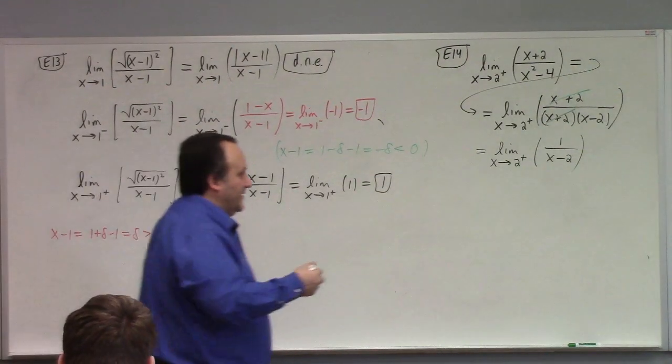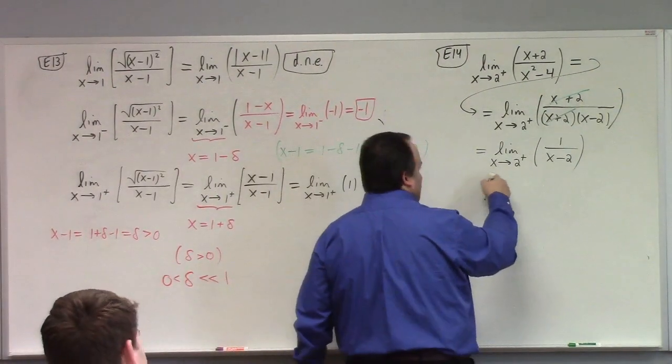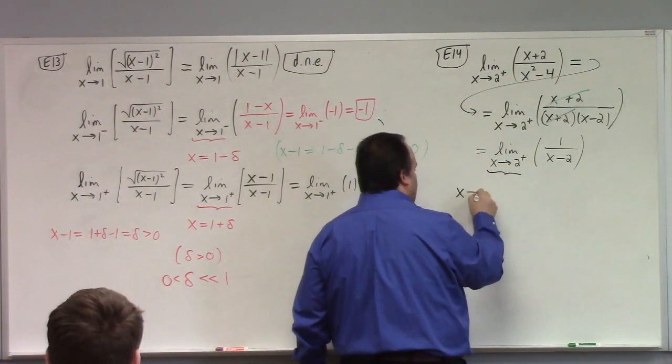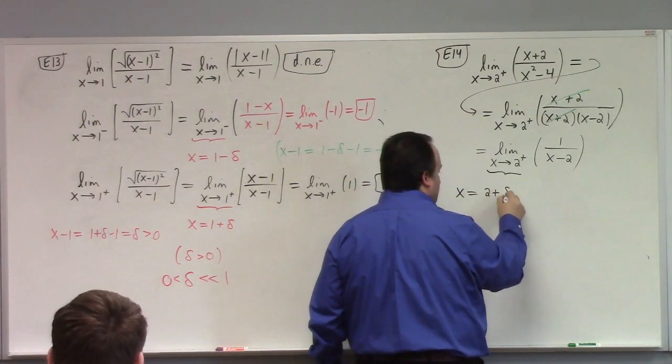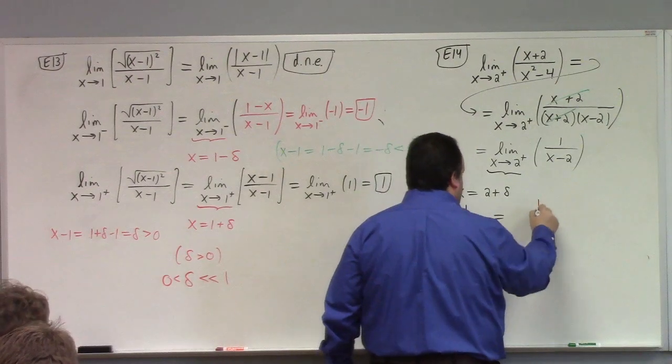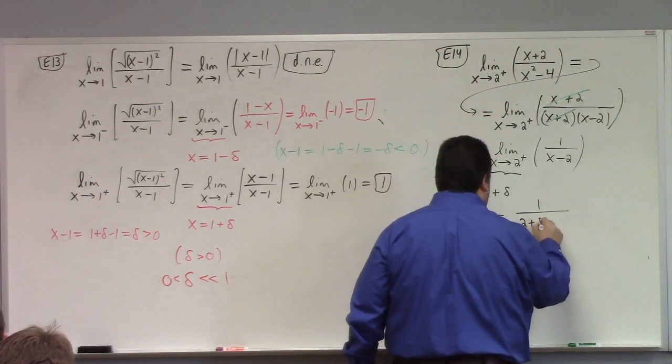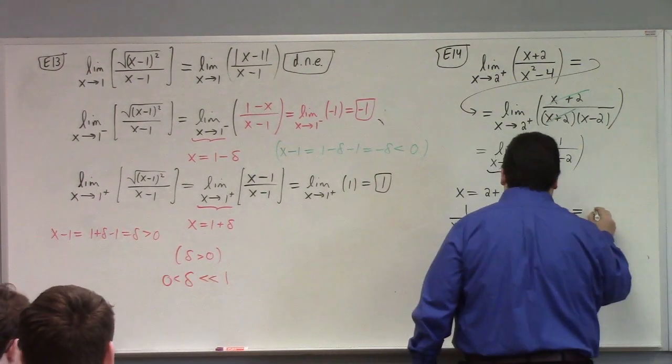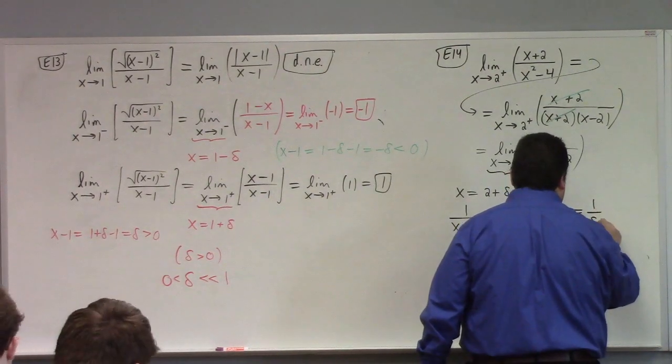Here's a way I can sometimes think about it. I think, okay, so what this means is that x is equal to 2 plus a little delta, right? So if I look at 1 over x minus 2, that's equal to 1 over 2 plus delta minus 2, which is equal to 1 over delta.